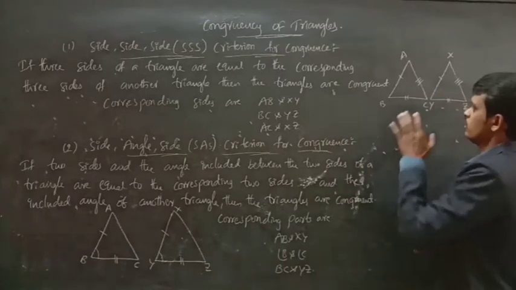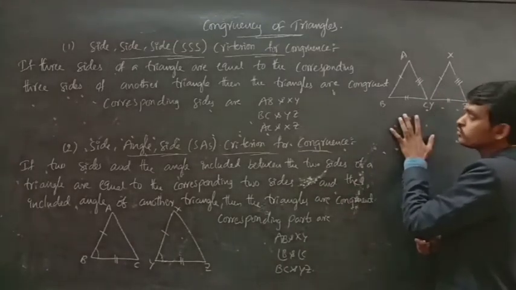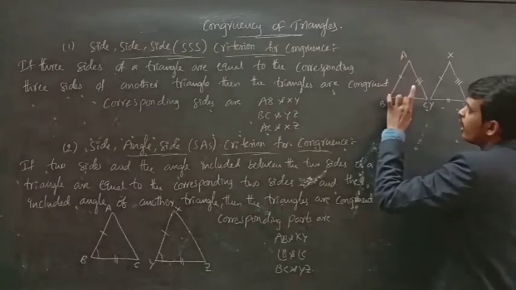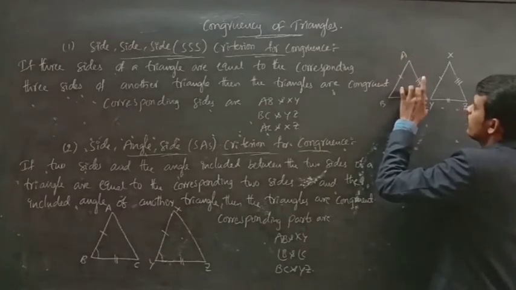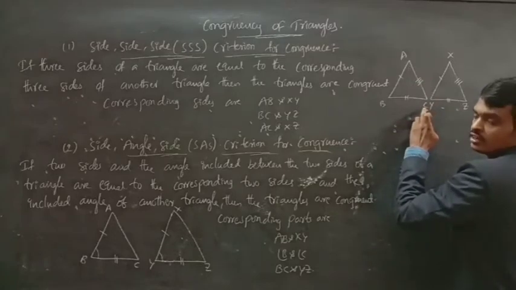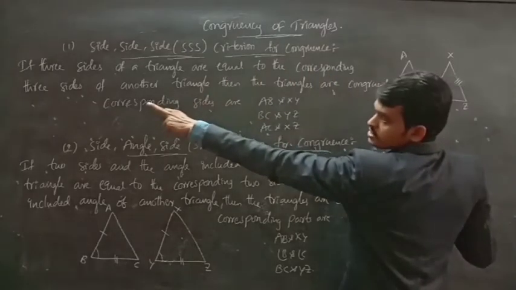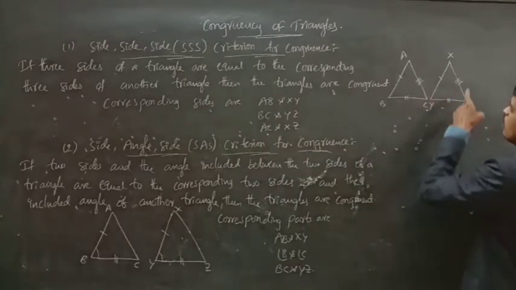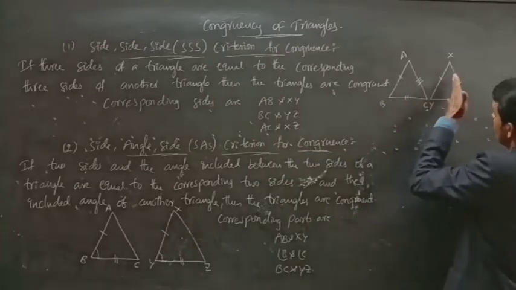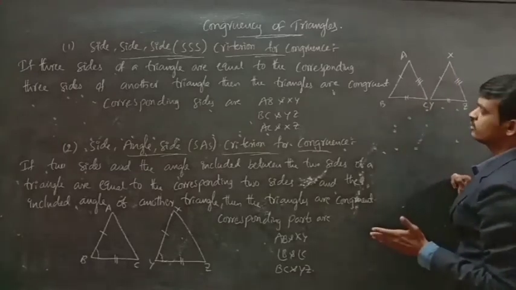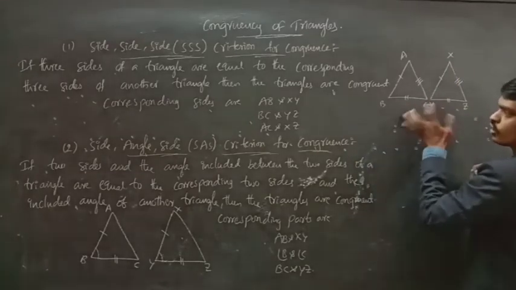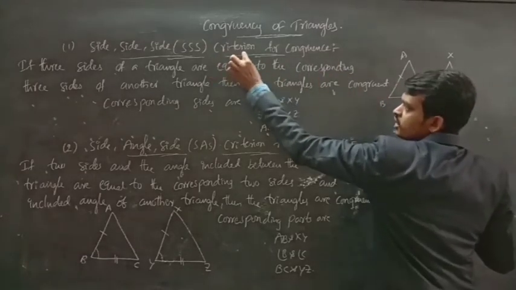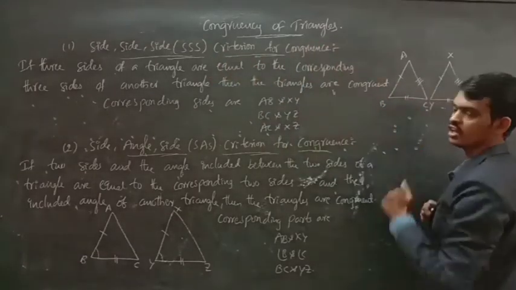So here, in these two triangles, 3 sides of a triangle are equal to the corresponding 3 sides of another triangle, then the two triangles are congruent according to the side criterion for congruency.